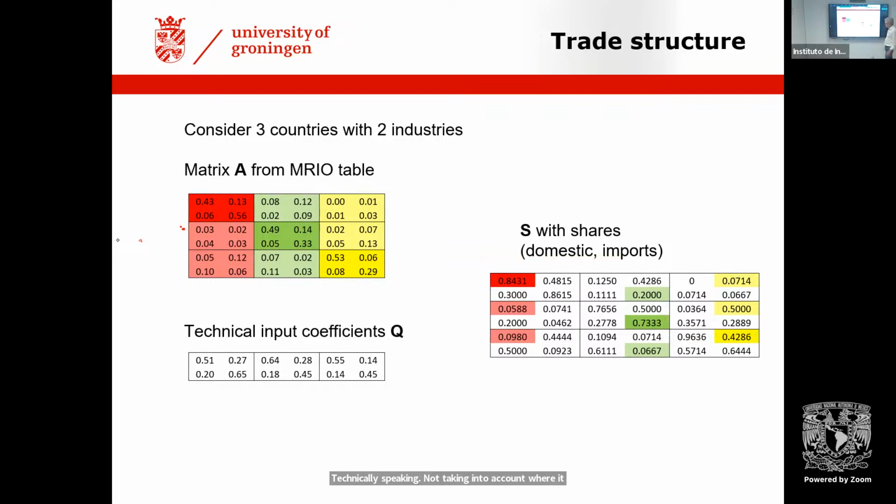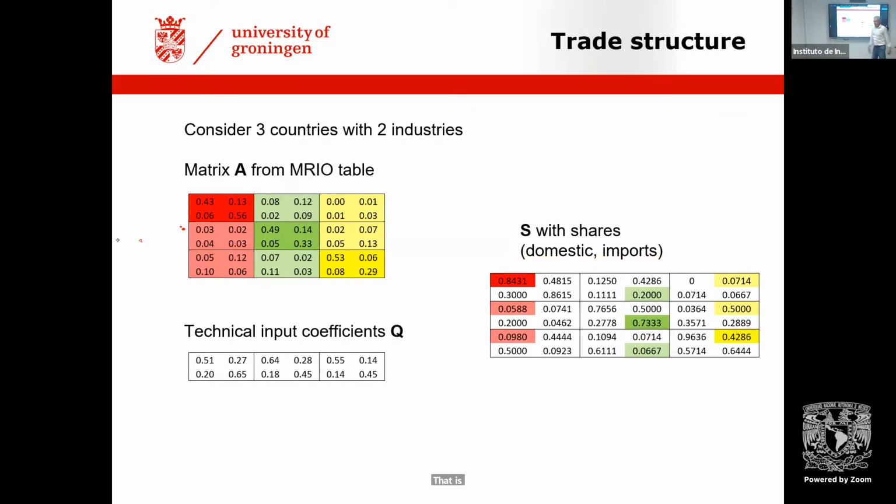Now, of these 0.14 agricultural inputs technically into yellow manufacturing, 7% comes from country red, 50% comes from country green, and 42% comes from country yellow itself. That is how this should be.